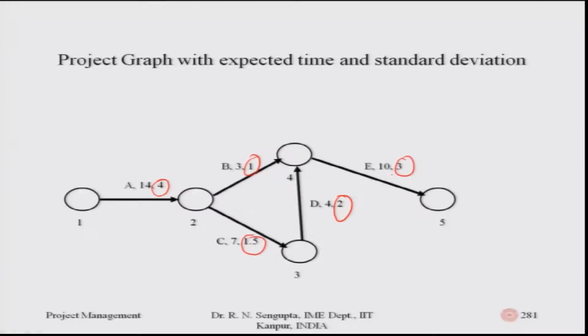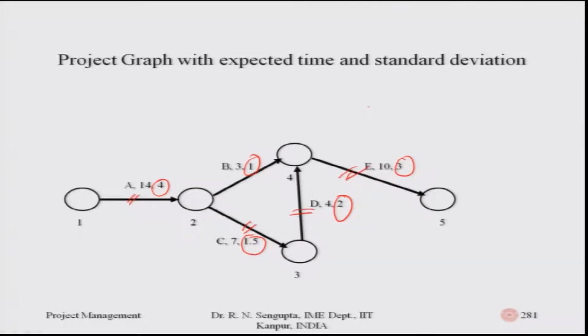It should be mentioned very explicitly in the problem whether they are the variances or the standard deviations. If they are the variances, then to find the variance of the critical path, with edges 1 to 2, 2 to 3, 3 to 4 and 4 to 5, you add 4 plus 1.5 plus 2 plus 3.